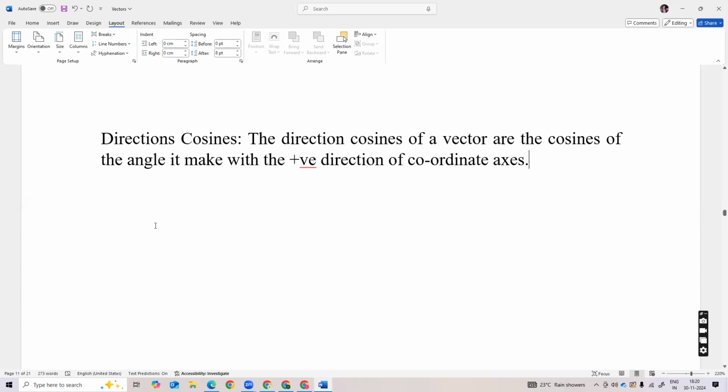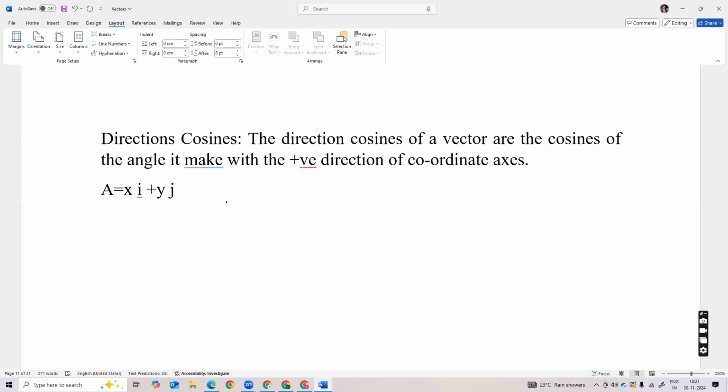Okay, so for example, let's again take a vector A as x i cap plus y j cap.